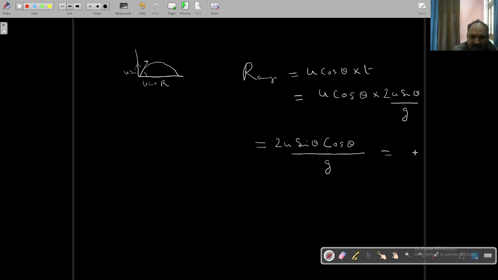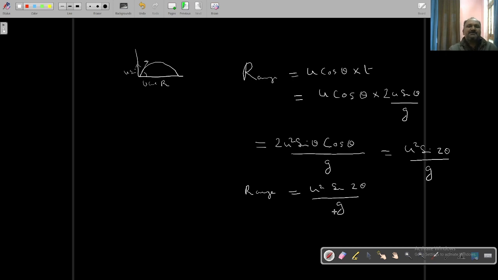Now 2 sin theta cos theta can be written as sin 2 theta, and this will be u square. So it can be written as u square sin 2 theta by g. So we got another equation of range: range is equal to u square sin 2 theta by g.